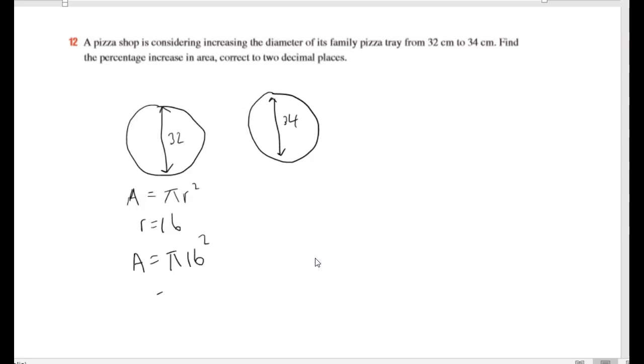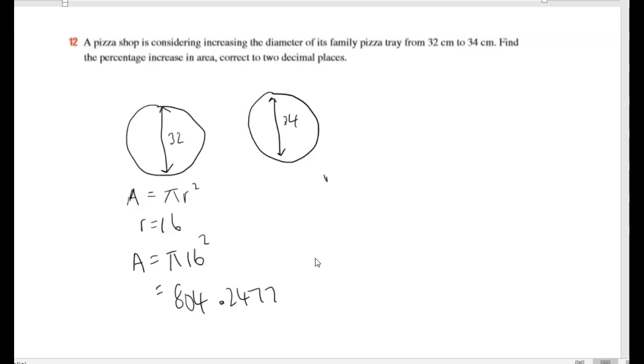So pi times 16 squared. Let me just find pi on my calculator. Okay, and I get 804 point, and I'm going to do it to quite a few decimal places because that's what I'm used to. So 2477, that sounds good.